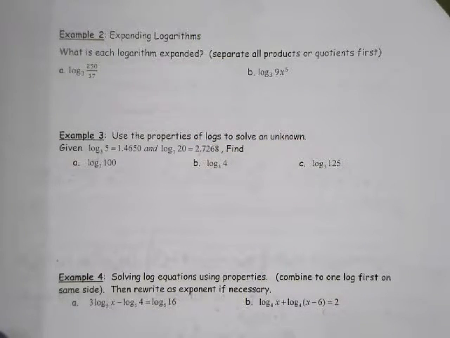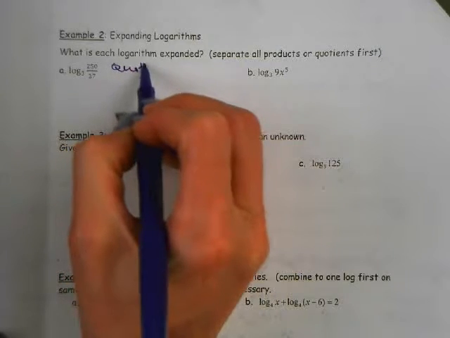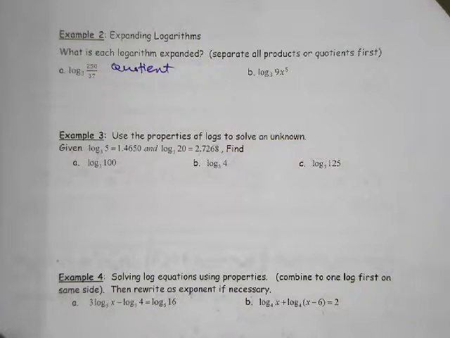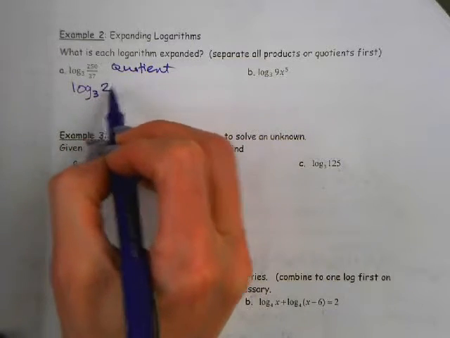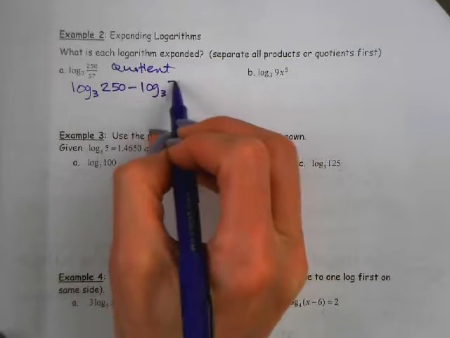Which one deals with division? The quotient, okay? And what does the quotient property tell us? How can I take my fraction? What would I do with it? What's the rule of exponents? Subtraction, right? So then I could write this as log base 3 of 250 minus log base 3 of 37.